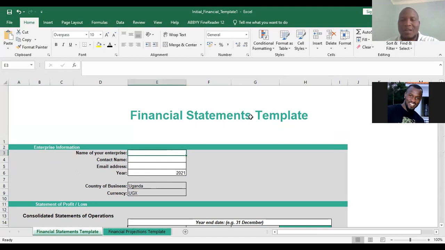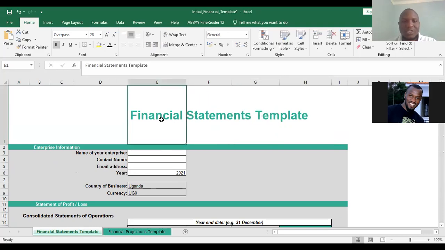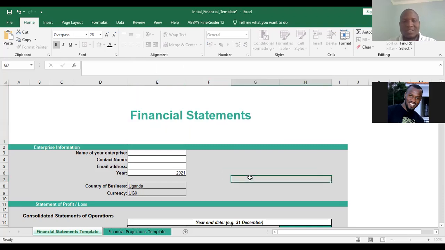Okay, so I'm going to change here, and you can rename it financial statements, because now it is no longer a template, it's now financial statements.